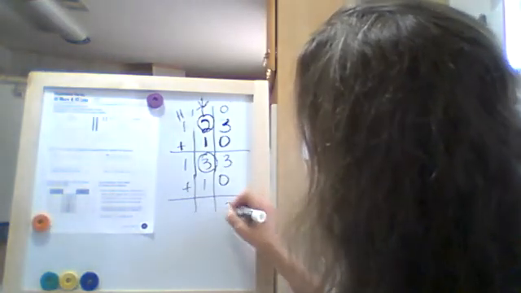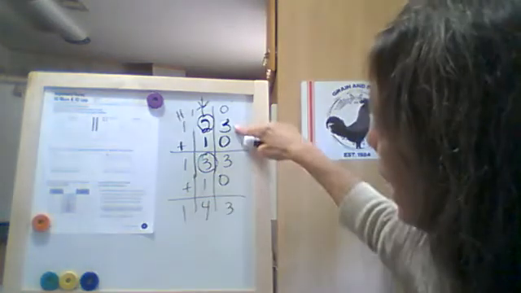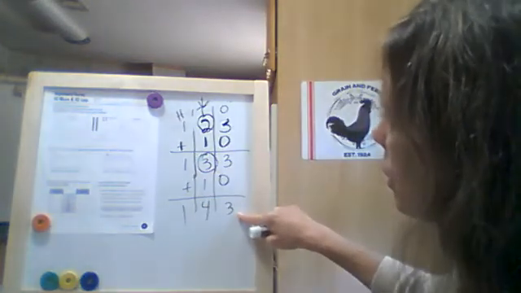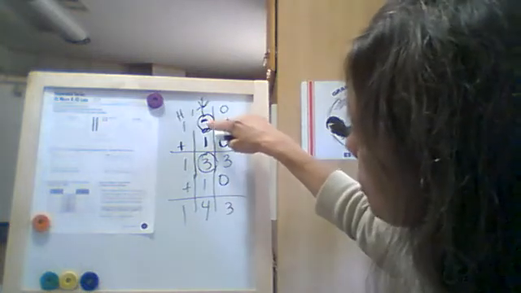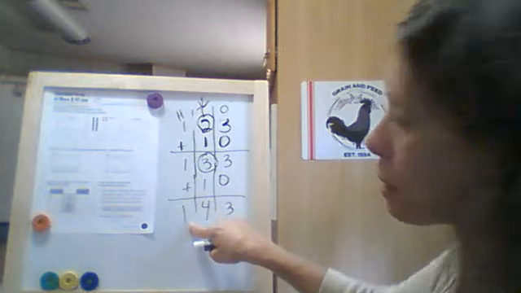Okay? If I do it again and add 10 more, 3, 4, 1. I haven't changed this number, but I've changed this number from a 2 to a 3 to a 4. And I haven't changed this number. Okay? That is adding 10.